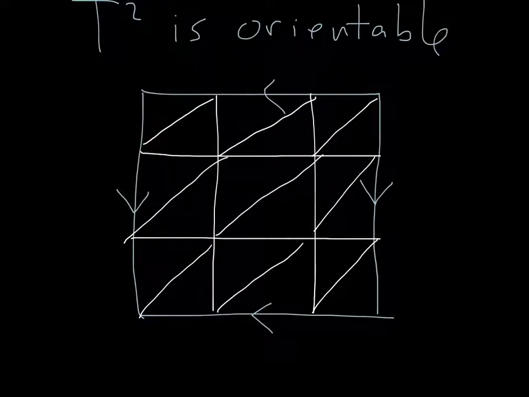Okay, so let's see if we can draw what the orientation would be. So I'll start like this, and in order to make this first face compatible with this face, the orientation on this face has to be like this. But to make this face compatible with this face, the orientation must be this, and so on and so forth.